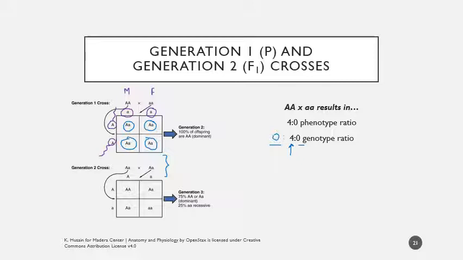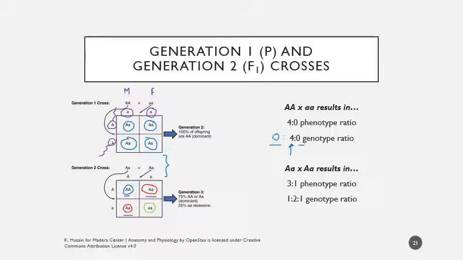So we end up with 1 individual who is homozygous dominant, 2 heterozygotes, and 1 homozygous recessive. The homozygous dominant and the heterozygotes, all of whom have at least 1 dominant allele, are going to express that dominant phenotype. So we end up with 3 individuals of the total who have the dominant phenotype.